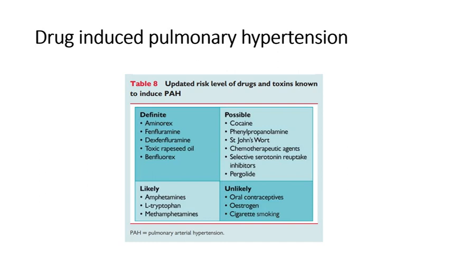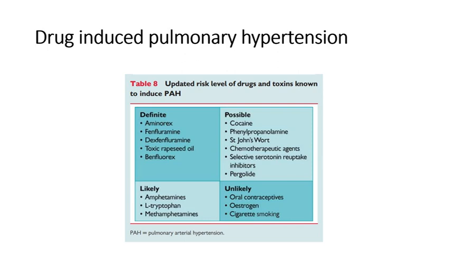It could be definite drug-induced pulmonary hypertension, as with tricyclic antidepressants or toxic rapeseed oil, or it could be possible, like with cocaine, St. John's wort, selective serotonin reuptake inhibitors, or pergolide. It could be likely, like with amphetamines, tryptophan, or methamphetamines.